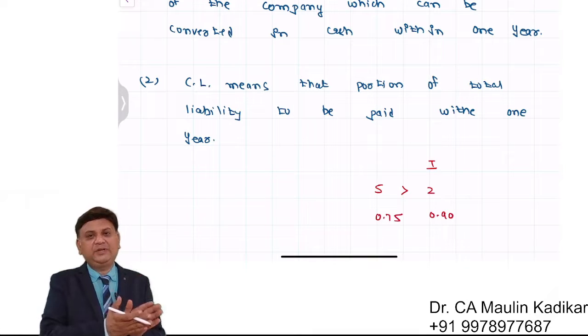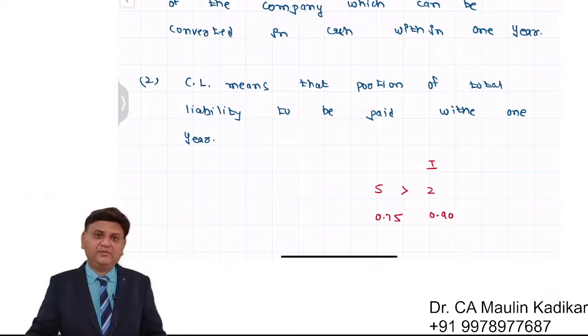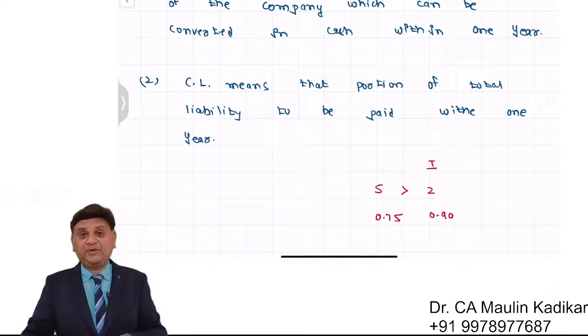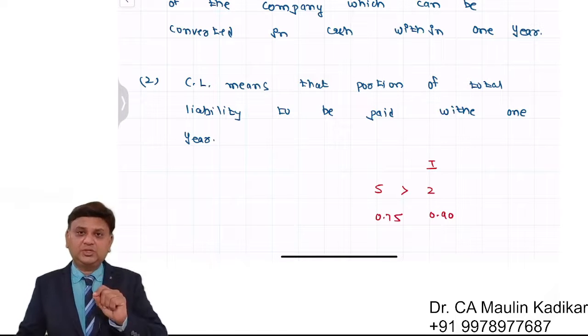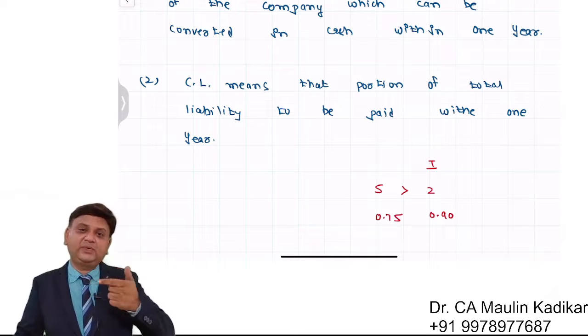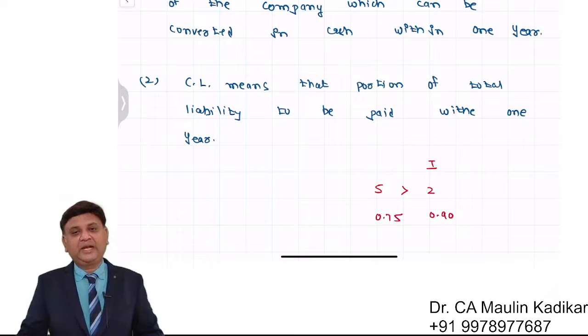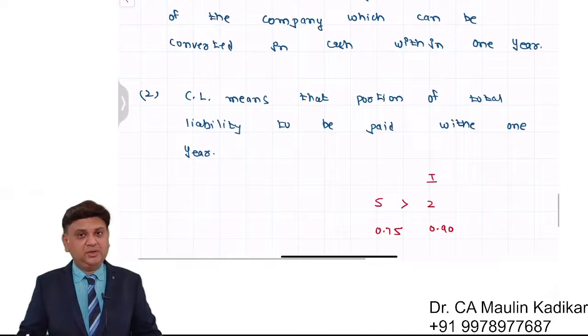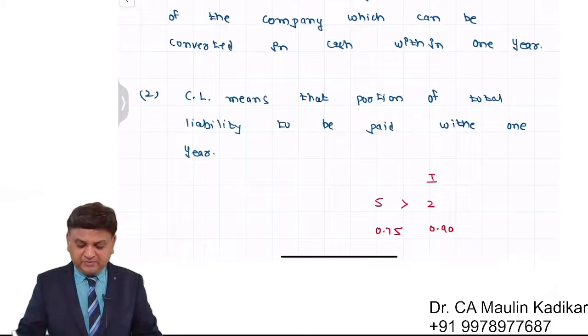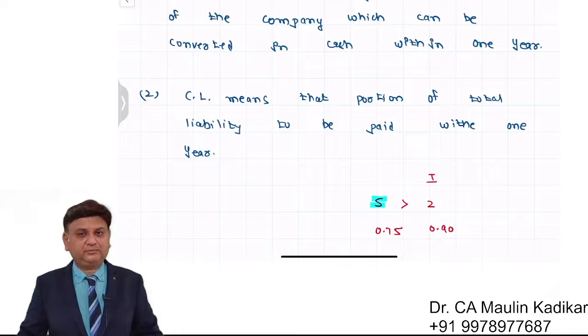Because if everybody is keeping 2, then why do you keep 5? If you keep 5, it shows that you have excess investment in current assets, which will keep your funds blocked, and your carrying cost will be more. So you should not have substantially more than the market, neither substantially less. This is what we understand.